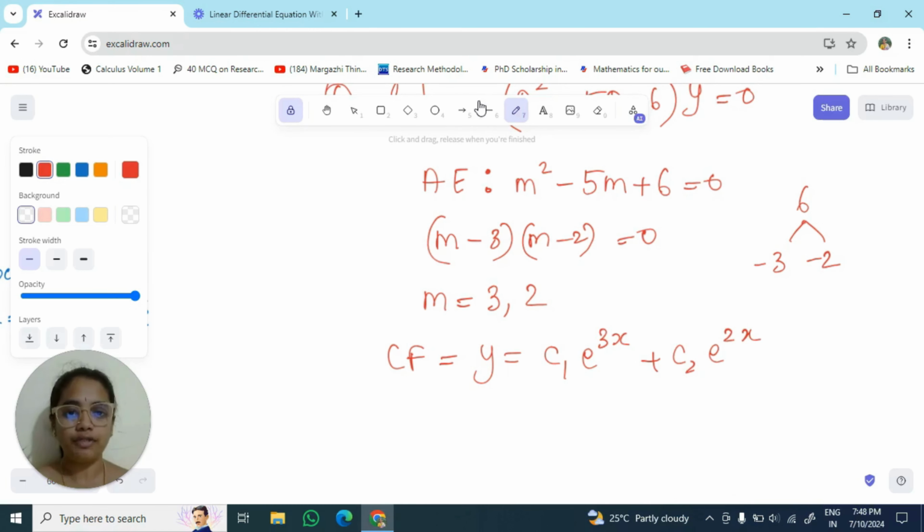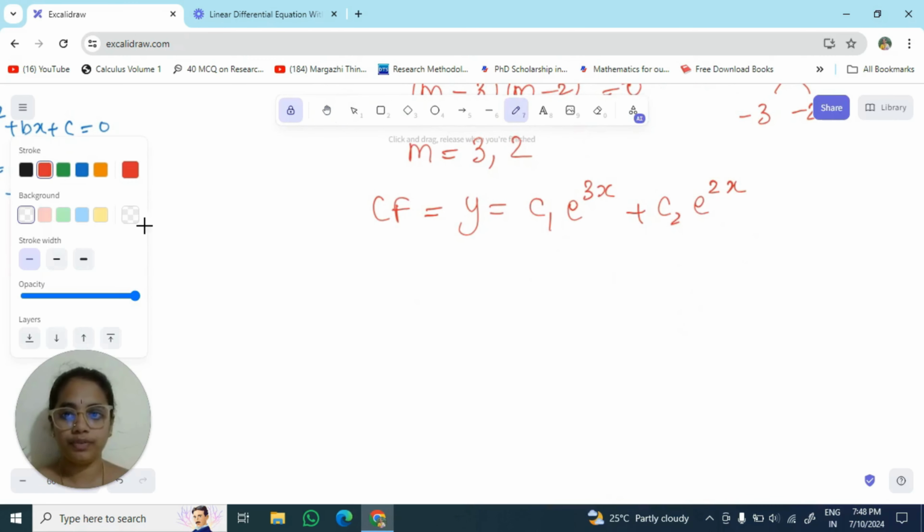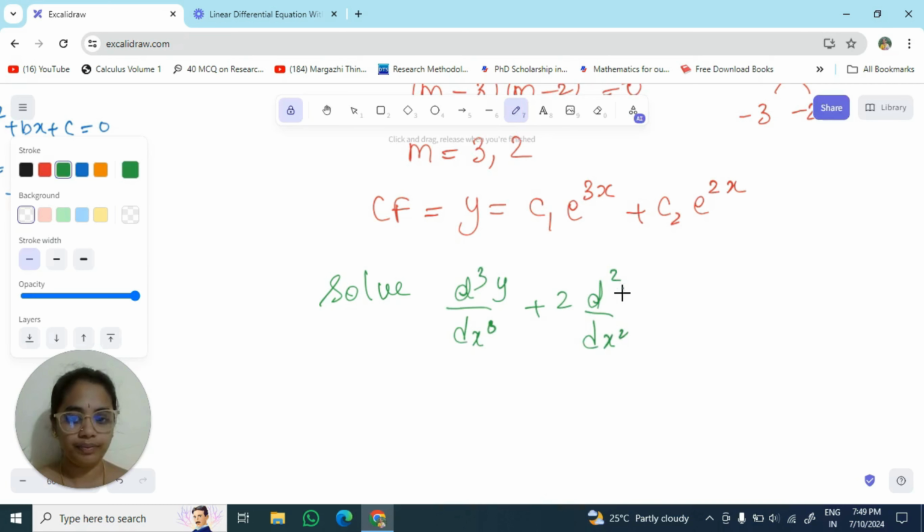Okay. Now say for example we have another question that says solve d cube y by dx cube plus 2 d square y by dx square minus dy by dx minus 2y is equal to 0.